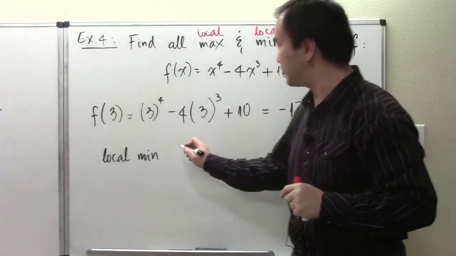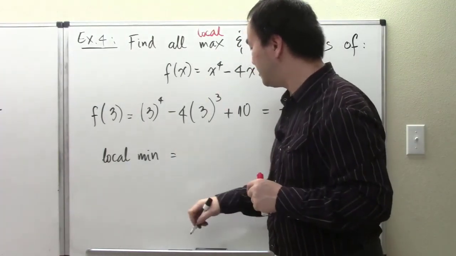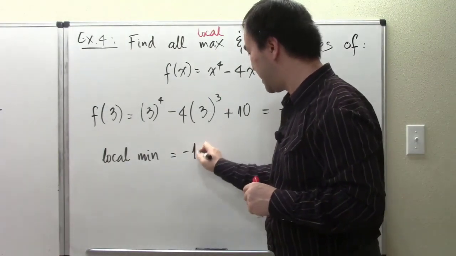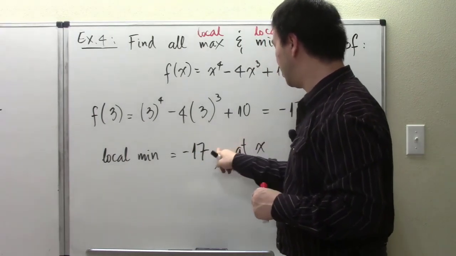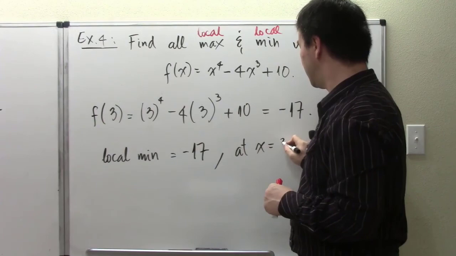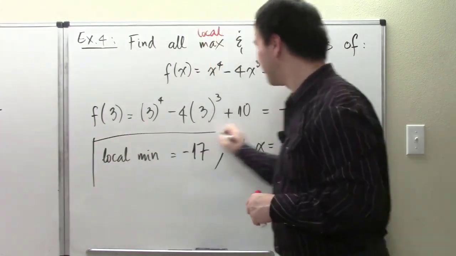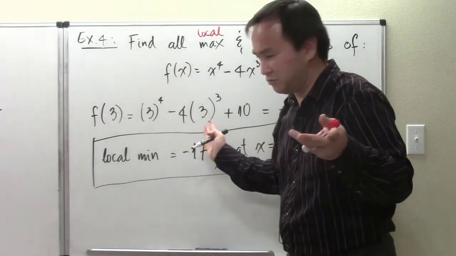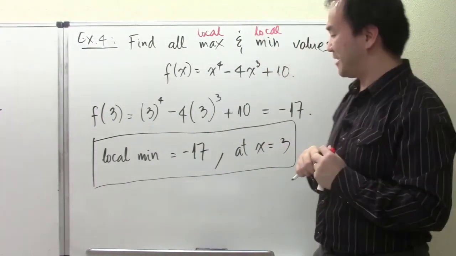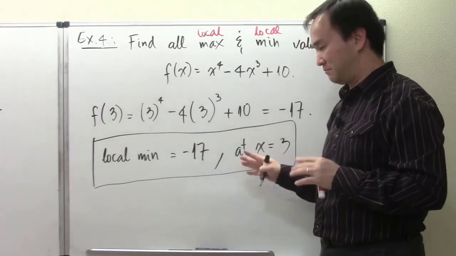So I'm answering that question: our local minimum value equals negative 17, and it happens at x equals 3. That's our answer. And I don't even think we need to say no maximum or anything like that. That's all we found.